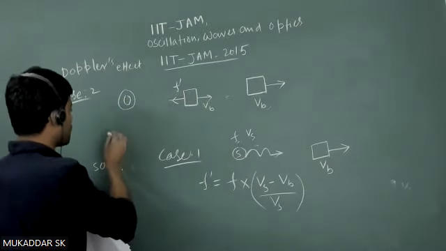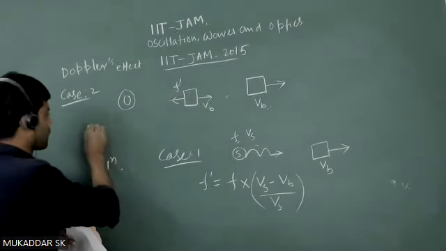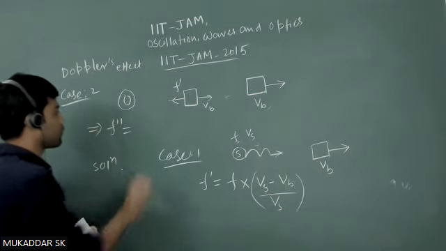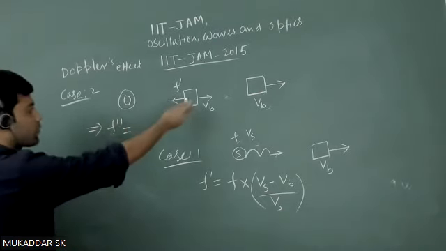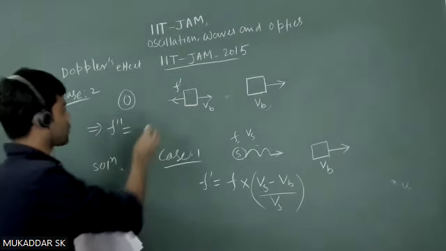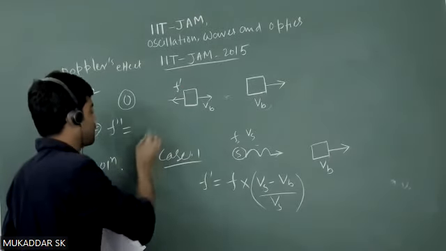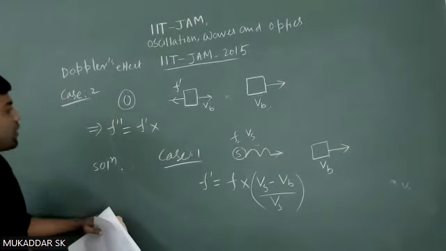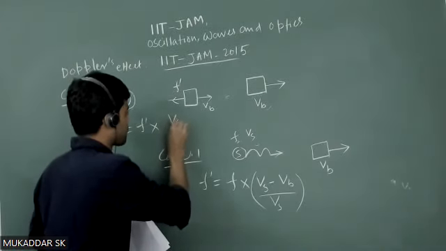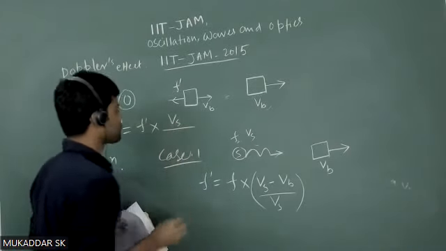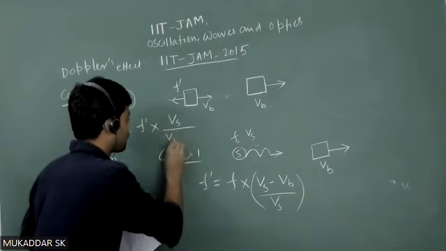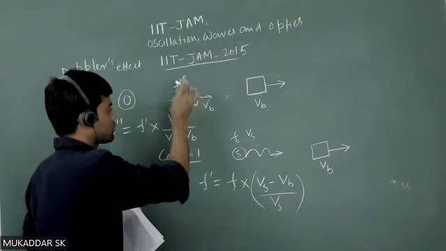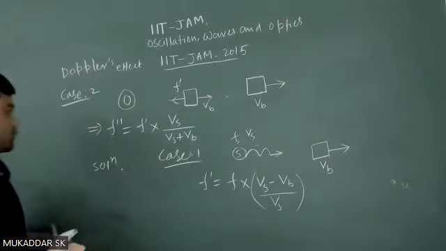Now the observer will note the frequency for this case, which will be f double dash. You see that the source is moving away, so I'll use the source frequency f dash into Vs divided by Vs plus Vb. Why plus? Because the source is moving away from the observer.